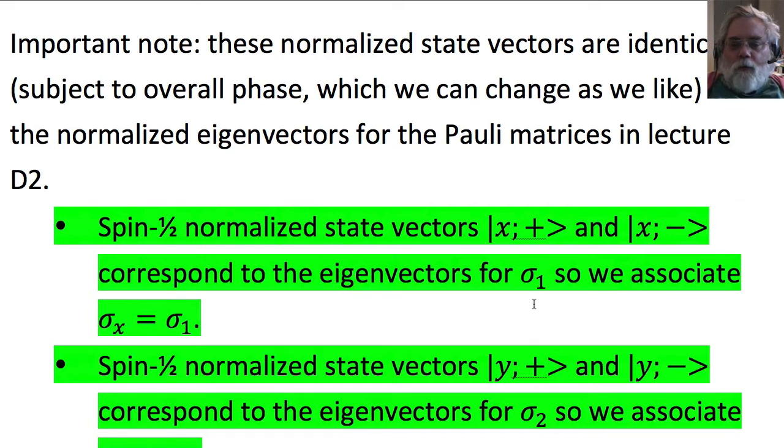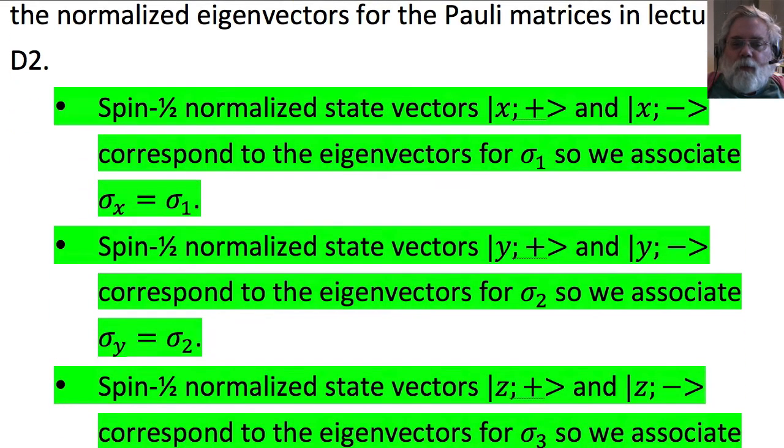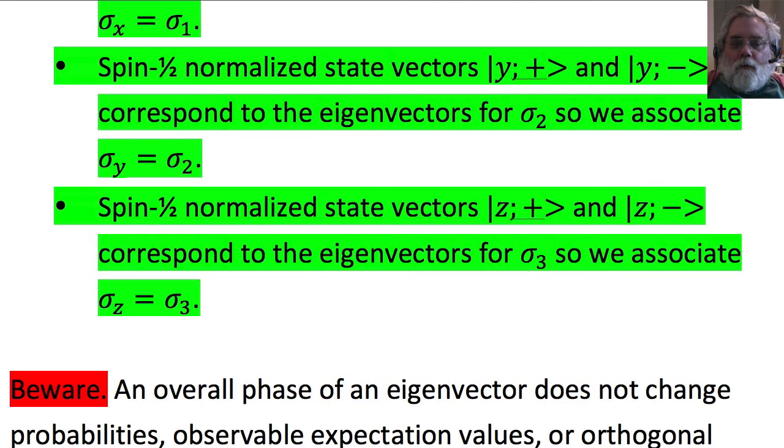So we are going to associate direction x, sigma x, with Pauli matrix sigma 1. Spin 1/2 normalized state vectors y plus and y minus correspond to the eigenvectors for Pauli matrix sigma 2, so we associate sigma y with sigma 2. Spin 1/2 normalized state vectors z plus and z minus correspond to the eigenvectors for Pauli matrix sigma 3, so we associate sigma z with sigma 3.